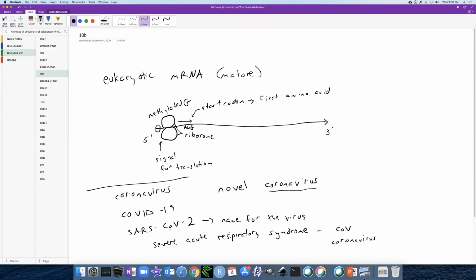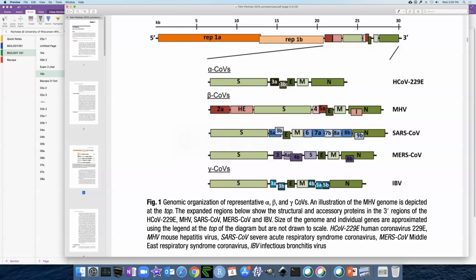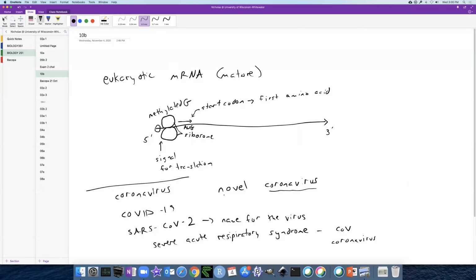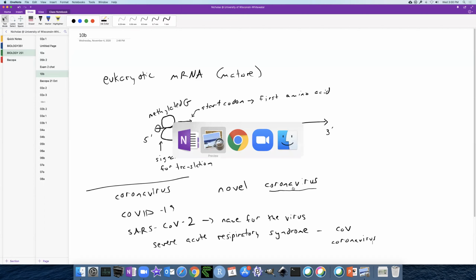Associated with the CoV is coronavirus, and 2 distinguishes it from what was similar but already known to exist in the human population. So this idea of novel or new, novel coronavirus is shorthand for, hey, we've got a new version of this that the human population hasn't seen before, as far as we know.